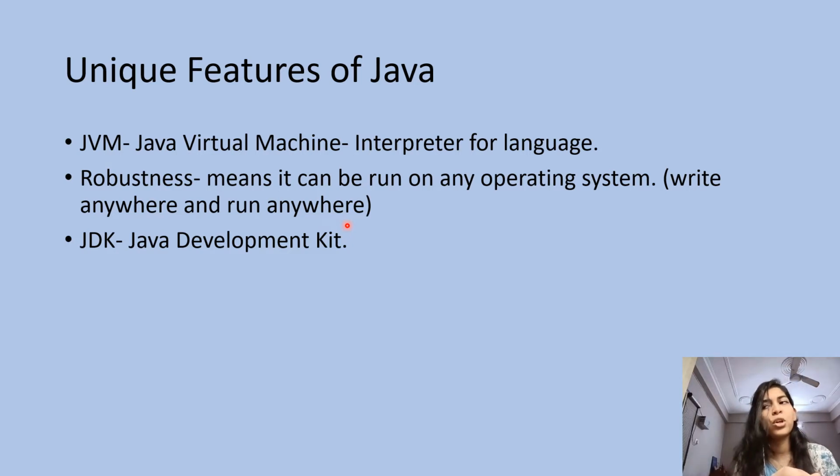Assembly language was only entitled to work on the system in which it was originally written, right? It is just the vice versa of the robust feature. Now, what is JDK? We will see what is Java Development Kit in the next slide, right?